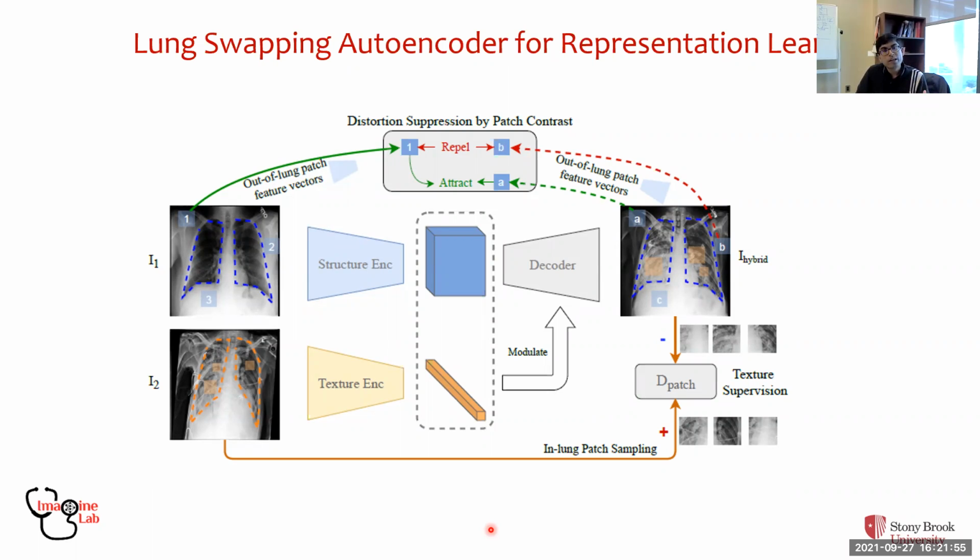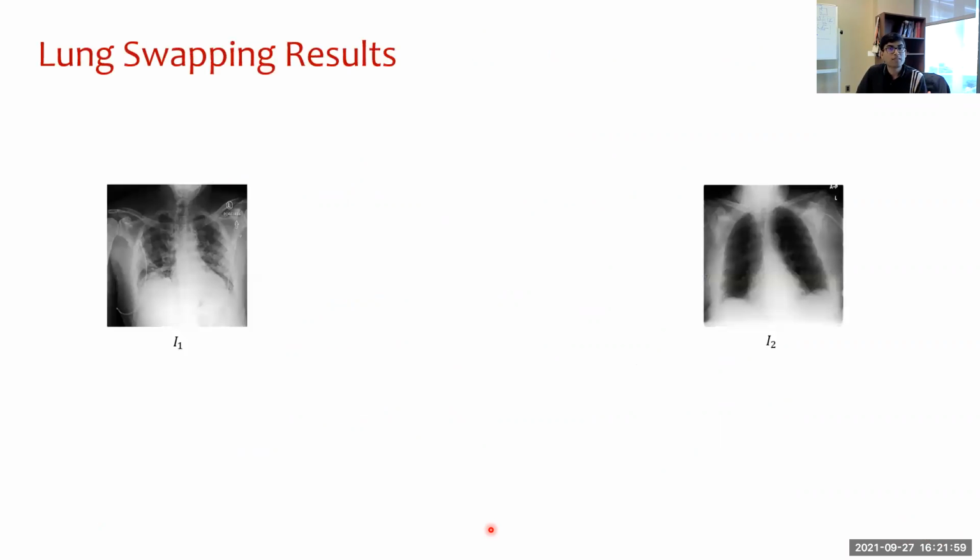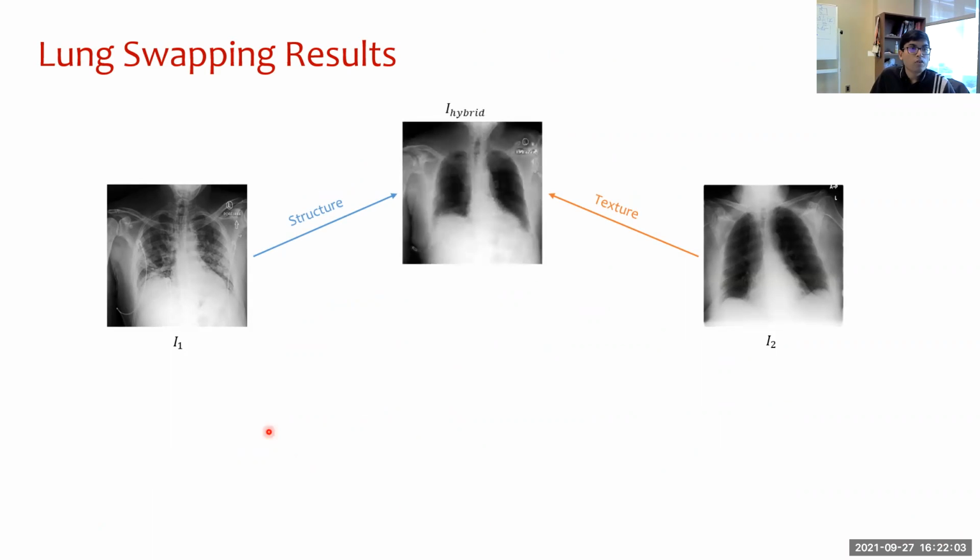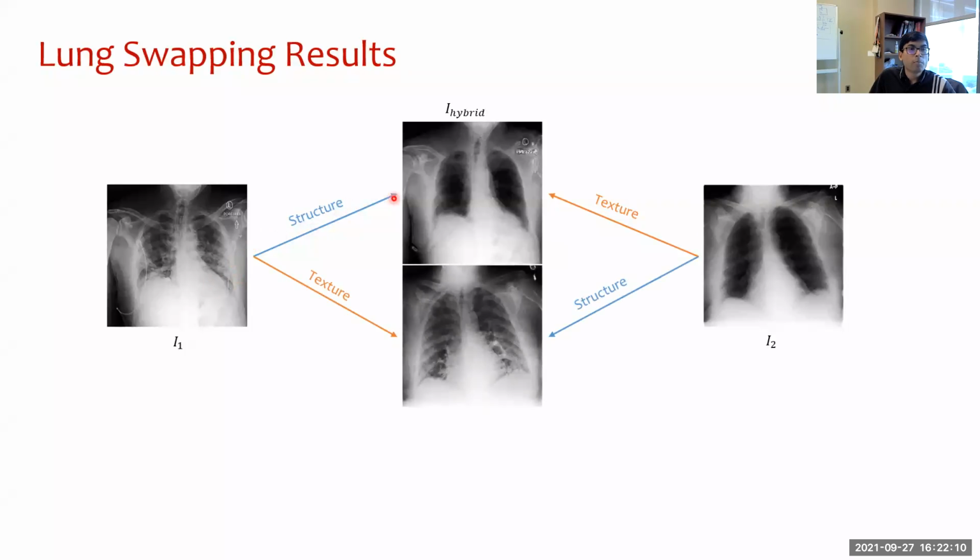Without going into the details of how it actually does this, I'll show you some examples of the swapping results. Here we have the first image on the left. Let's say we take the structure of the first image, if you look at the upper branch, and the texture of the second image, and we generate this hybrid image. You can clearly see the first hybrid image has retained the structure of image 1 and the texture of image 2.